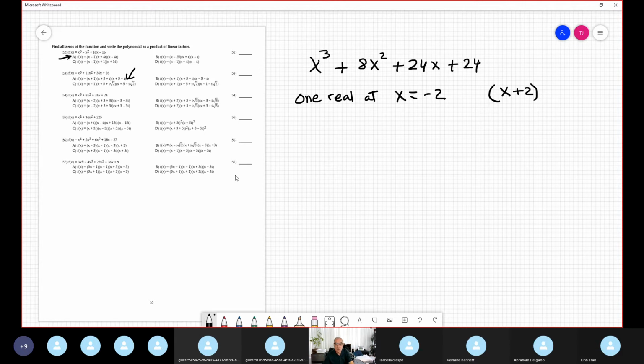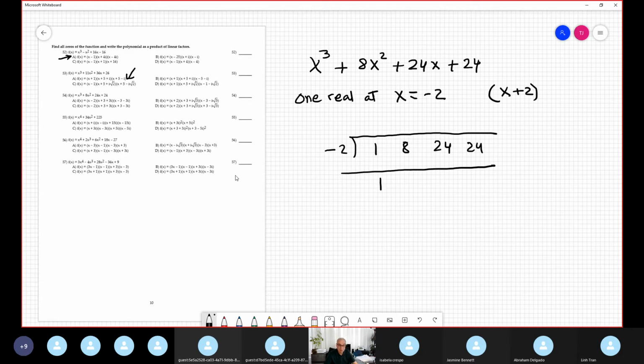So now, to reduce the degree to the second degree, I use synthetic division one more time. 1, 8, 24, 24, and minus 2 here. Remember, the number you put here in synthetic division is exactly the same as the zero, not the factor. The factor is opposite.